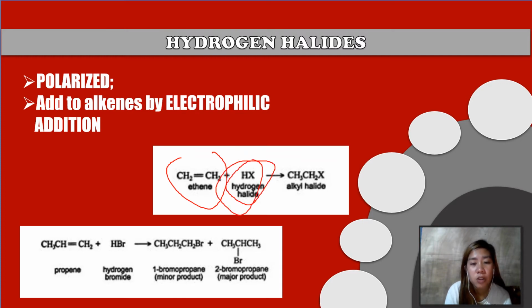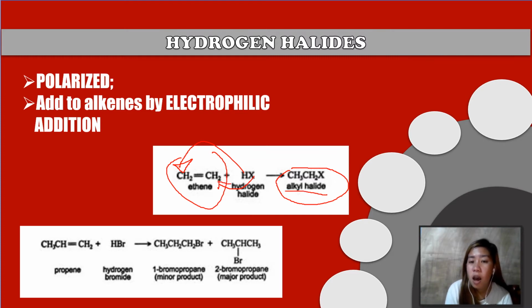This is what a hydrogen halide is. So when this hydrogen halide is added to an alkene, this is what the product would be. You have a hydrogen added to the first carbon, then the halogen added to the second carbon, which will create an alkyl halide.